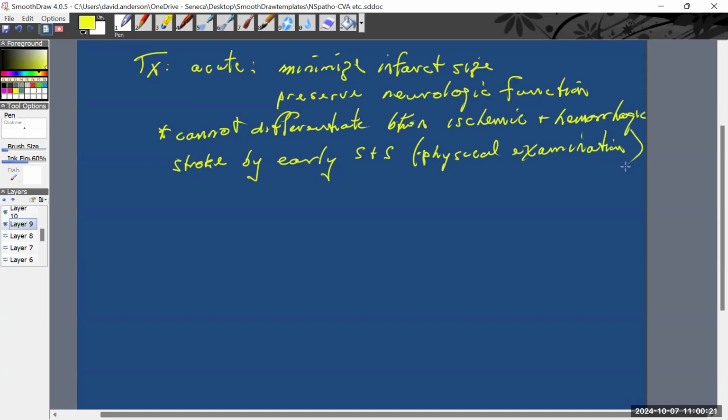So we're going to need a CT scan, right? The CT scan or a CT angiogram is going to be necessary in order to confirm a blockage, right? That's what's going to be the confirmation. So a CAT scan.